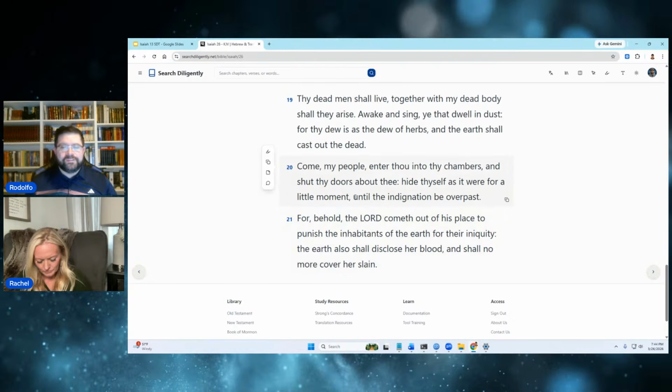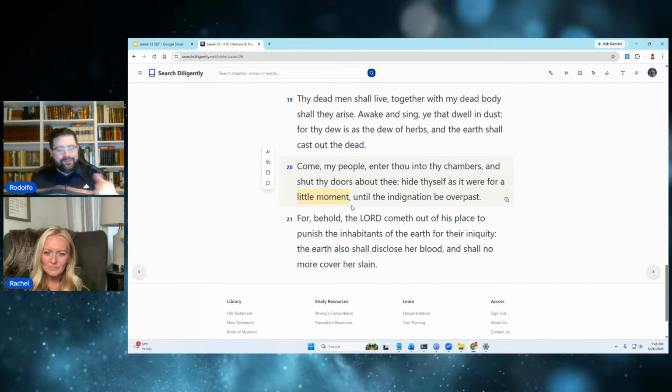And shut thy doors about thee, hide thyself as it were for a little moment, until the indignation be overpast. I don't know what a little moment means for the Lord. He's very patient, so that can be a year, 3.5 years. I don't know, but for him it will be little.